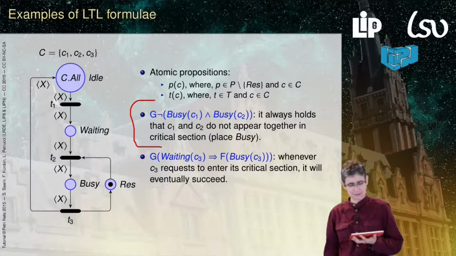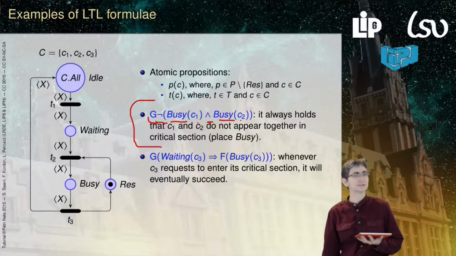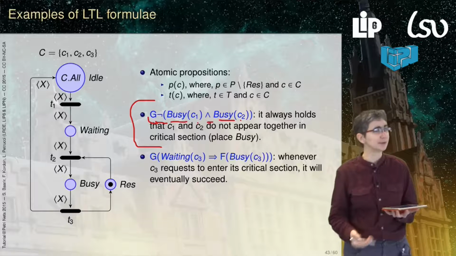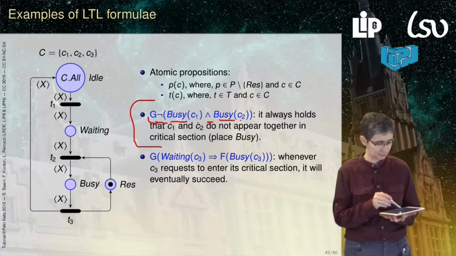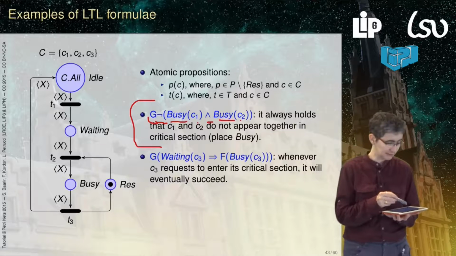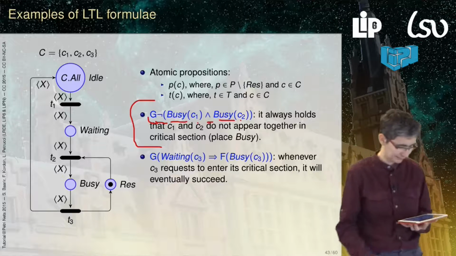That means that if place BZ contains C1 and contains C2, that can't be the case. So in all states, I must not have place BZ containing both C1 and C2. They do not appear together in place BZ, and that is something we want in this example because we just have one resource that we share, and only one of the processes, C1 and C2, can use it.